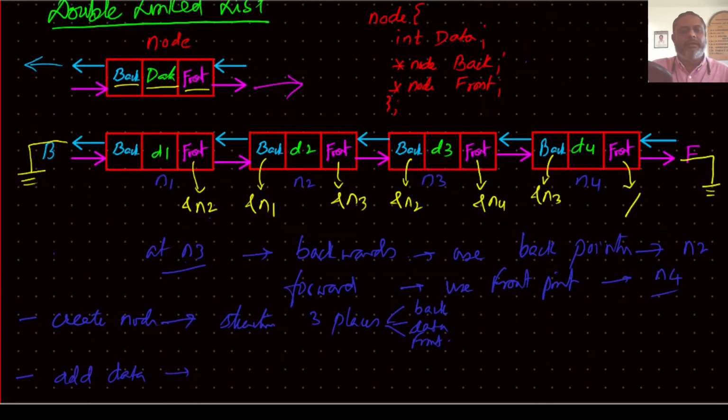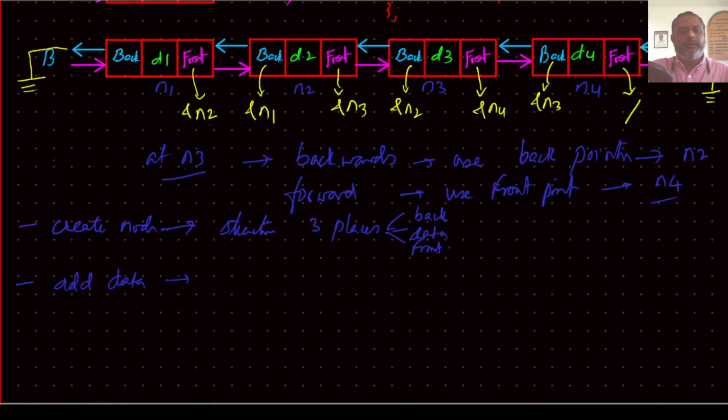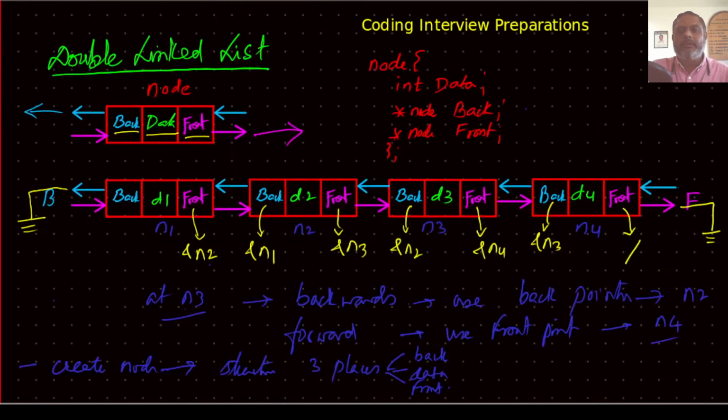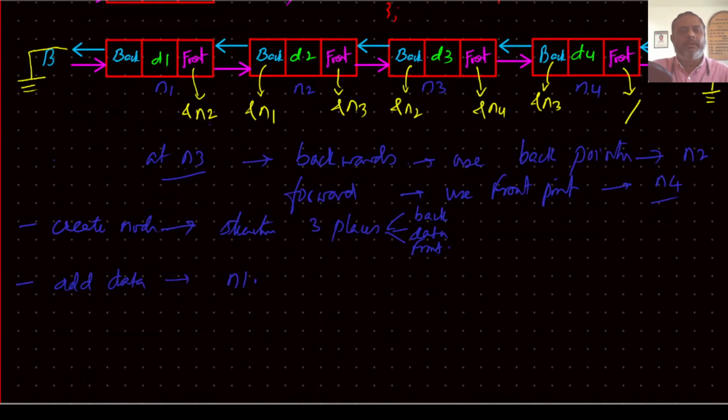Then we can add data to any node. How do you add data to the node? Say node n1 was created and you want to make n1's data equal to d1.